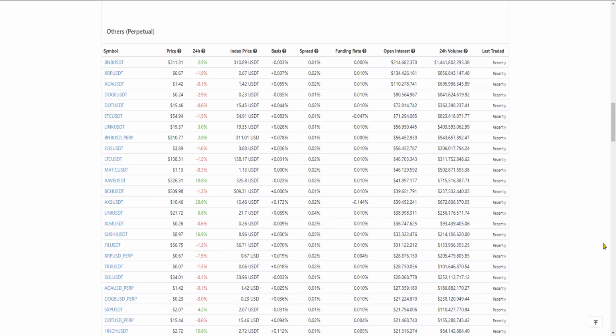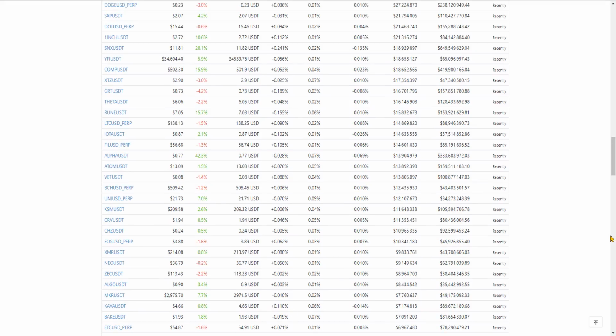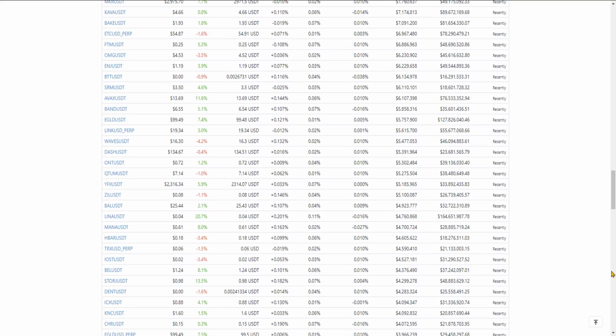We're also really interested in double-digit gains, like Aave, Axie Infinity. Axie Infinity has been doing so well. Sushi, 1inch. This gives you a bit of an edge that people don't know about. Alpha, Rune, not bad. We're looking for double-digit gains.